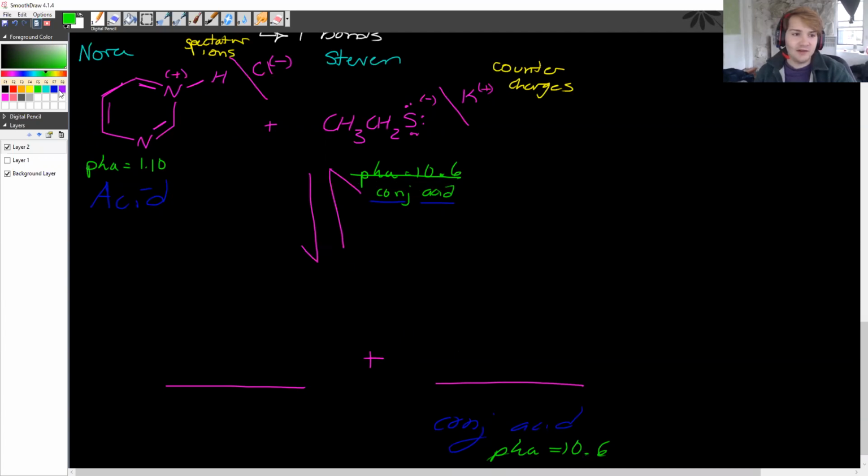Does this rationalization make sense? So if Nora is the acid, that means Steven must be the base. Likewise, the conjugate base of Nora is right here, and the conjugate acid of Steven is right there. So Steven 2.0, Nora 2.0.